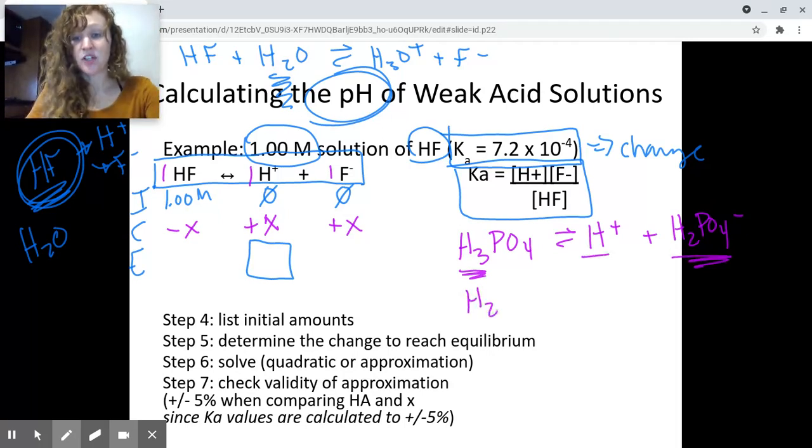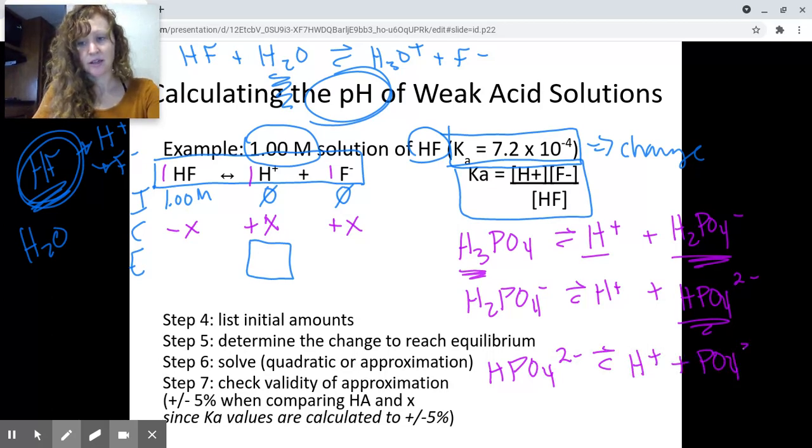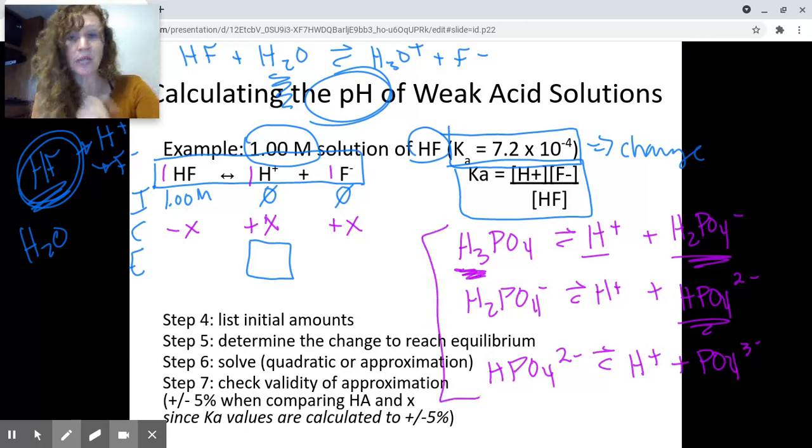And then if H2PO4 is present, it can also give off a hydrogen. And if HPO4 is present, it can also give off a hydrogen. So notice, in order to protonate all 3 acidic hydrogens, it took me 3 reactions. This is always the case for acids. Acids protonate one at a time.